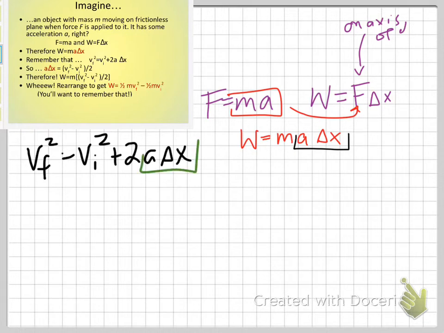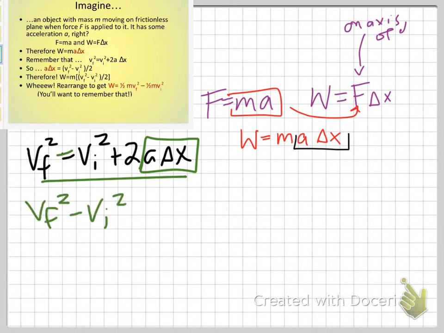Oh, hey, look at that. Interesting. We can solve this for a delta x. So Vf squared minus Vi squared equals 2a delta x. So divide them both by 2, we've got that.